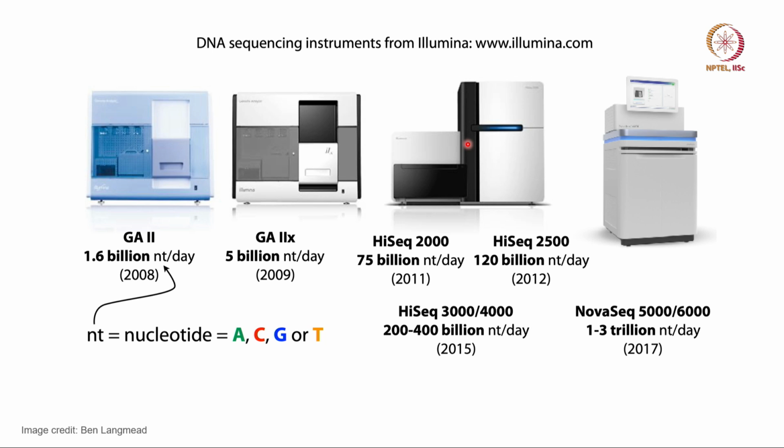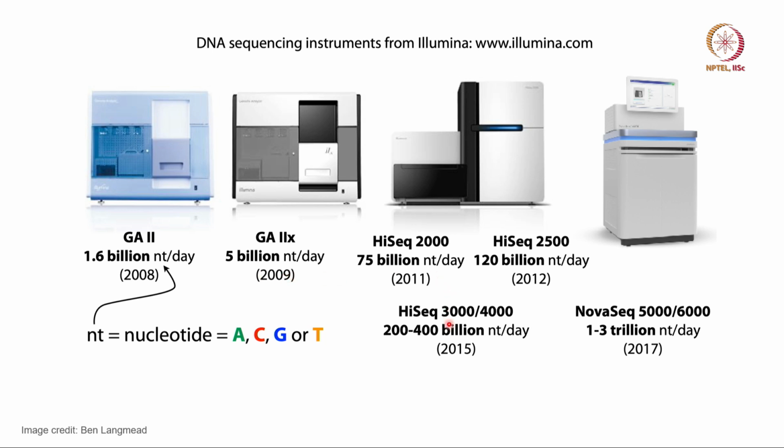The last point in this class that I want to emphasize is that sequencing technologies have been evolving as well. If you look at 2008, this is the Illumina sequencing instrument. This instrument was capable of producing 1.6 billion nucleotides per day in a whole genome sequencing experiment. You can see how the throughput has been advancing year by year.